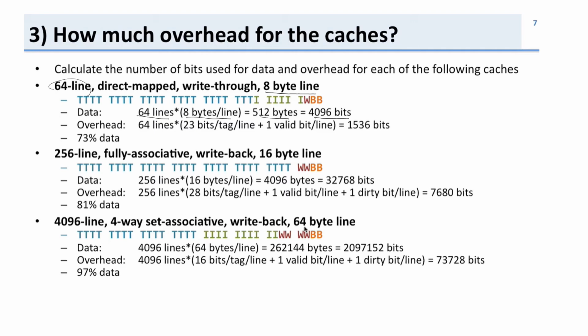But when you talk about the overhead, this is the other information aside from the data. So you need 64 lines, with 23 bits of tag and one valid bit, which is equal to 1536. So for this case, we don't include the index, the word bits, and the byte bits, because we are inside the cache.